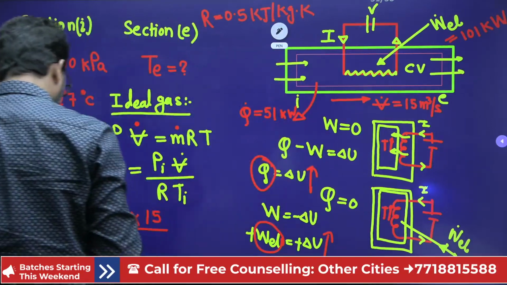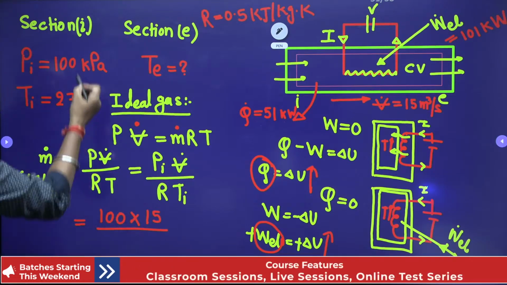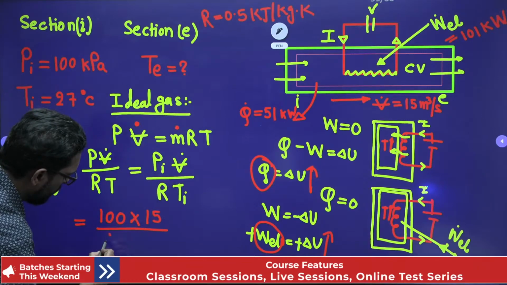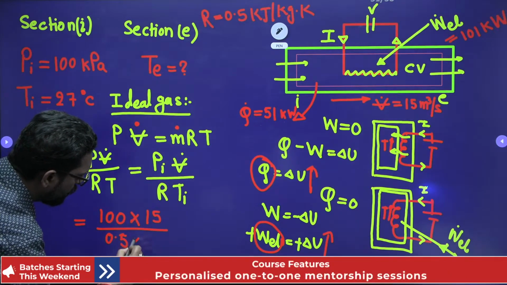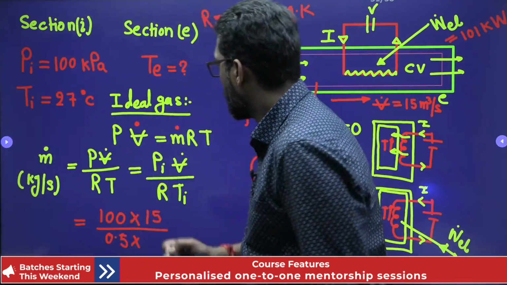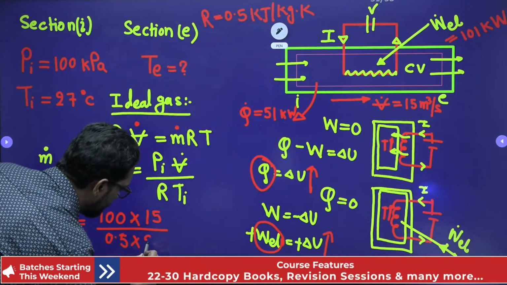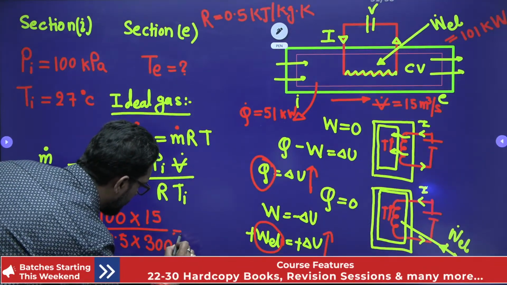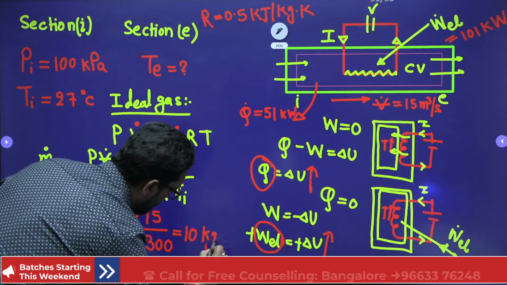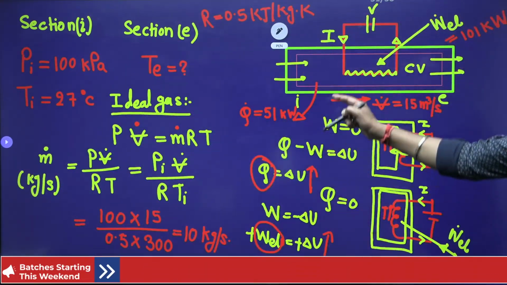P is in kilopascal and R is in kilojoule, so kilo cancels, and R must be put in kilo. 0.5 into T. Ti is 27 degrees, converted to Kelvin: 27 plus 273, that is 300. So this is your mass flow rate, 10 kg per second.